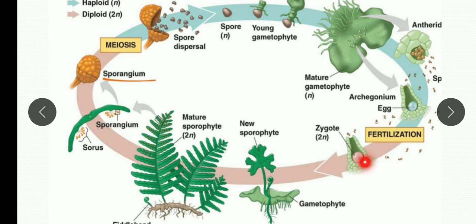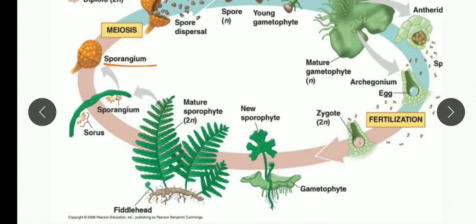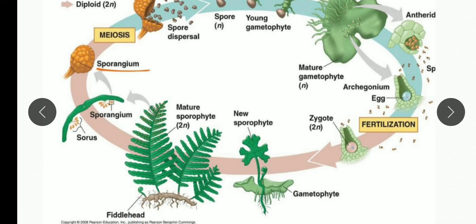With the formation of the zygote, the sporophyte starts and further develops on the gametophyte, and as it develops completely, the gametophyte degenerates. In this manner, we get the mature sporophyte, that is the diploid one.